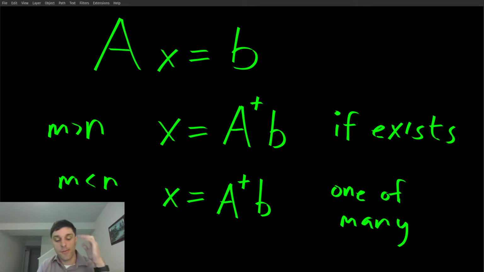Right? Because remember we said overdetermined could be no solutions, underdetermined infinitely many solutions. But either way, the pseudo-inverse will find it for you, if it exists, or find at least a solution for you if it's underdetermined. So that's nice.